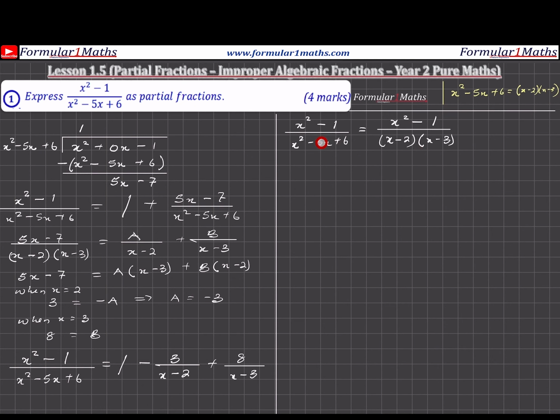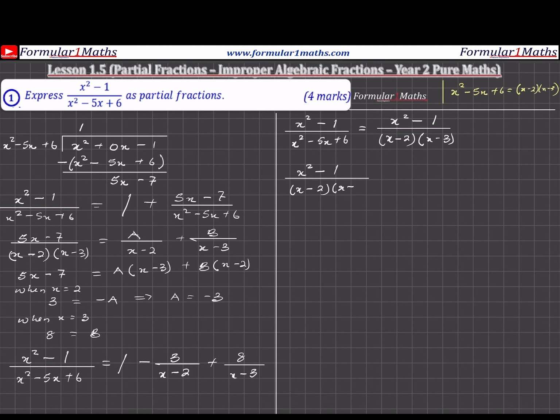So now this fraction can be written as x squared minus 1 over x minus 2 times x minus 3. And because the difference between the degree of the denominator and the degree of the numerator is 1, we will have a constant a plus b over x minus 2, which is this one here, plus another constant c over x minus 3.